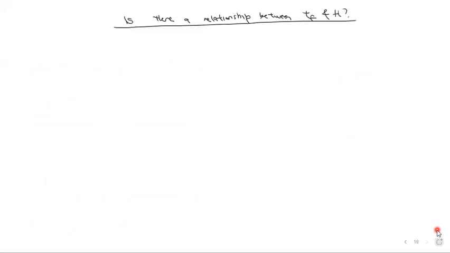So we probably should examine, is there a relationship between time of flight and max height? So is there? Time of flight and max height. There is. What might that relationship be, if there is?